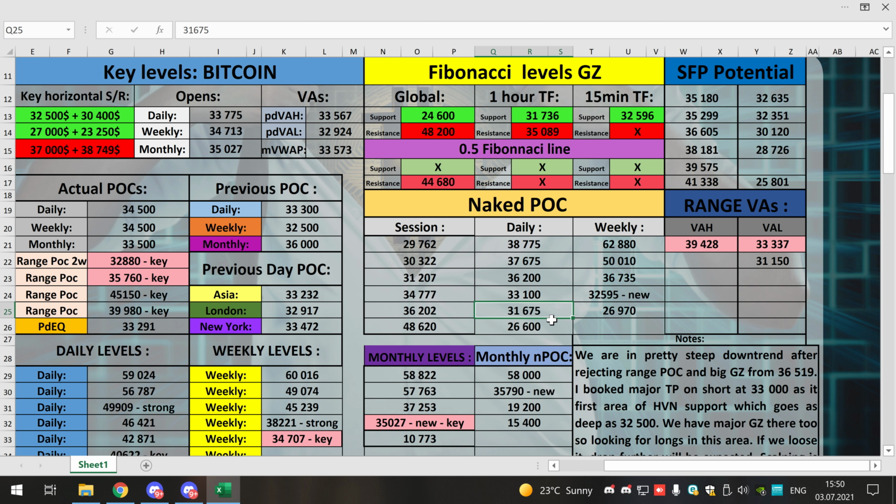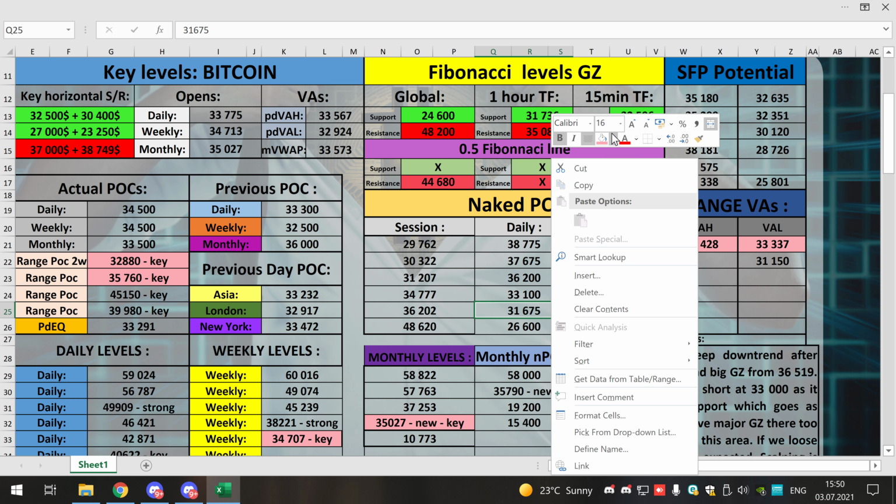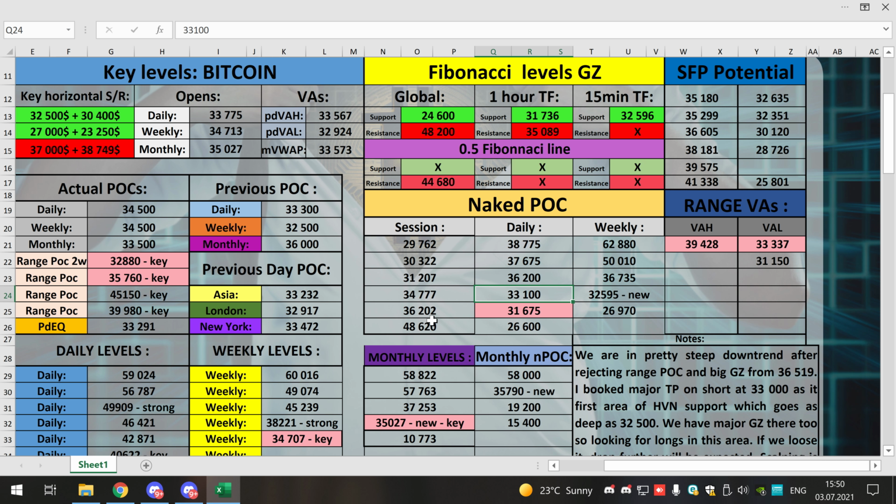Six, 7, 5. That's exactly it, we can mark it as key. This is quite a strong one, so it should give you a good reaction. Daily points of control are mapped, they are not changing often, so you can have a look one day, but only 1 or 2 can be added here.